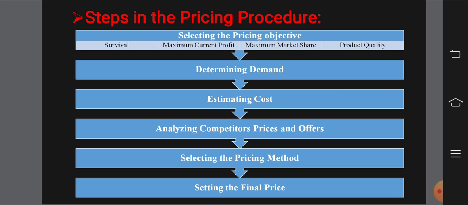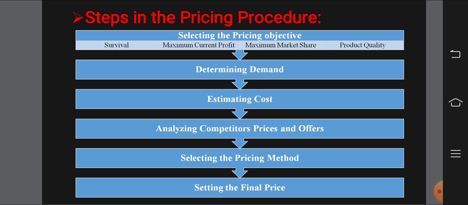So in determining the demand, in the second stage, the organization will come up with the upper limit of the selling price, and in estimating the cost, we will end up with the lower limit of the price of the product.